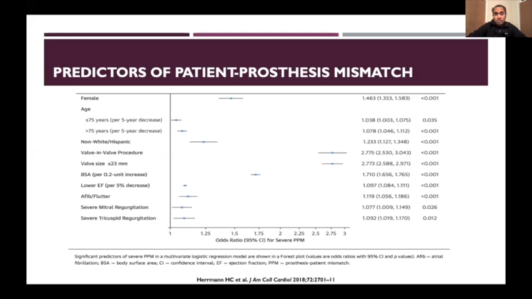If you think about the TVT registry and where things were in 2018, most of the commercial valves implanted at that point were 23 millimeter Sapien XT valves. That's what was driving some of the odds ratios in this forest plot, and obviously quite significantly.